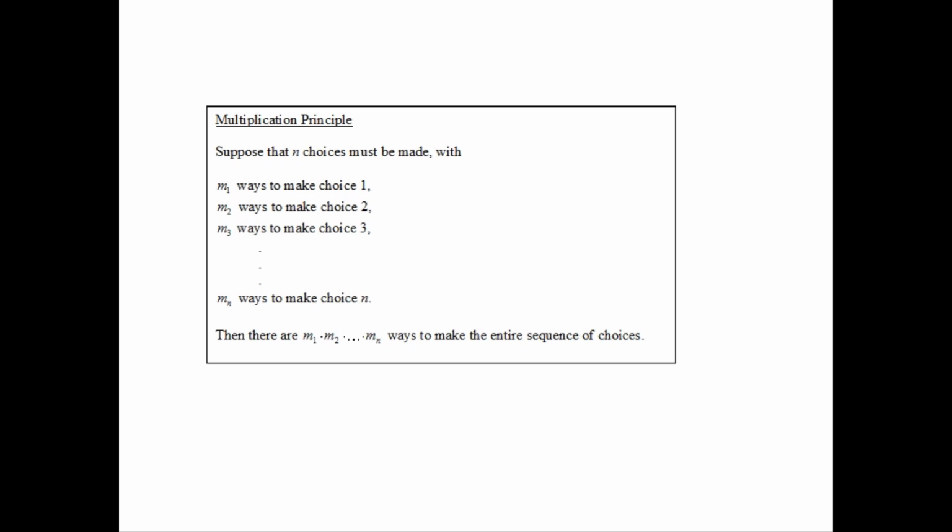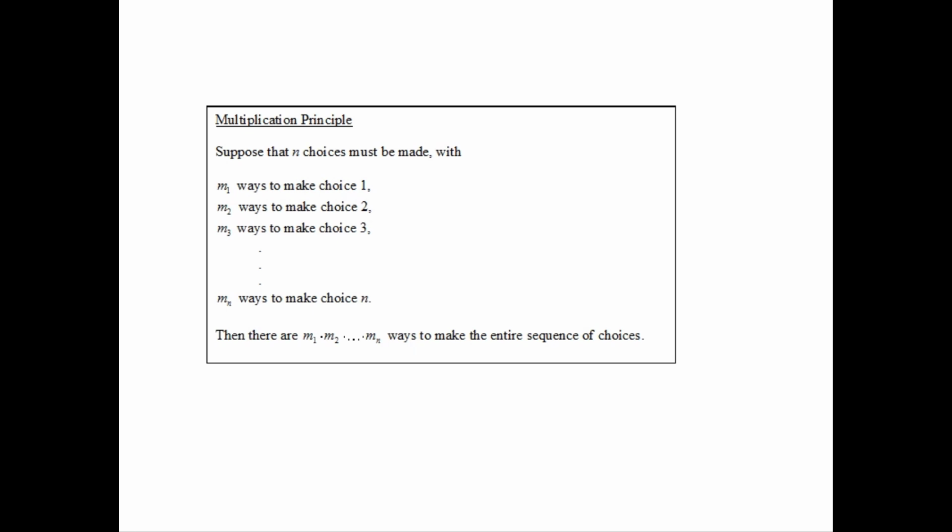Suppose n is the number of choices, m1 is the number of ways to make the first choice, m2 is the number of ways to make the second choice, and so on. To determine the total number of choices, we multiply together all the ways to make each choice.